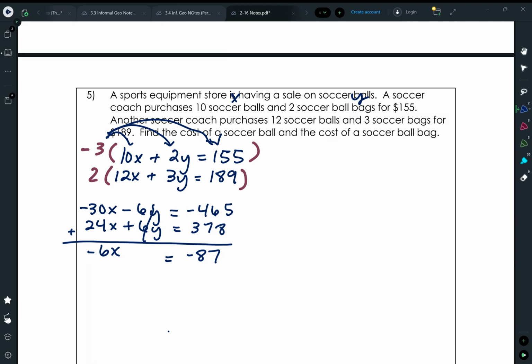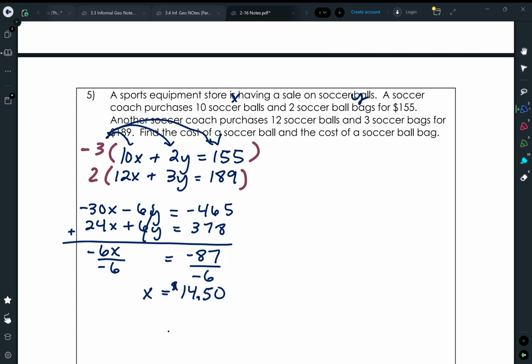So it's interesting because I thought I was making a good choice and multiplying the top one by a negative, but I didn't think about how I was multiplying it by a bigger number. So it actually made everything negative here. But negative divided by negative is positive. 87 divided by 6 is $14.50. So getting a decimal on this problem kind of makes sense.